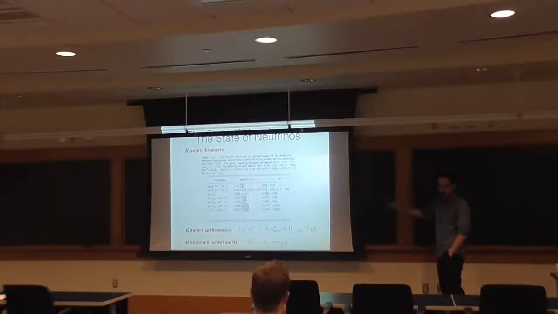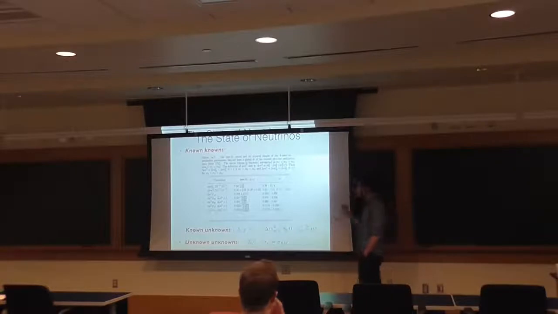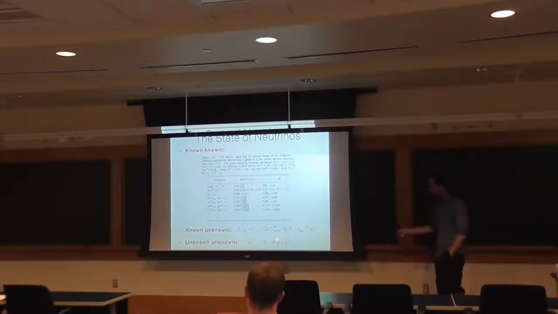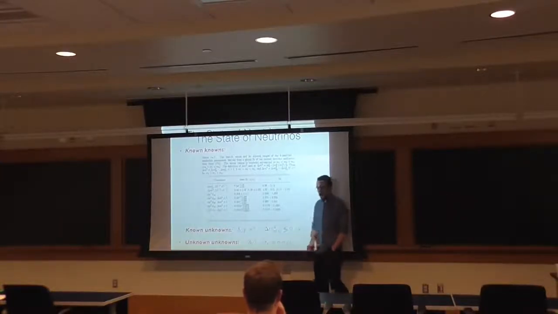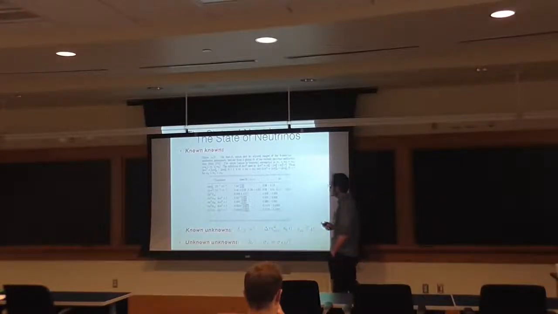We don't know, for one, even if the framework of three flavors is correct. There could be more. We also don't know if neutrinos, in addition to participating in some new mass generation mechanism, also participate in new interactions. They can do new things in our experiments beyond what the standard model says they can do.